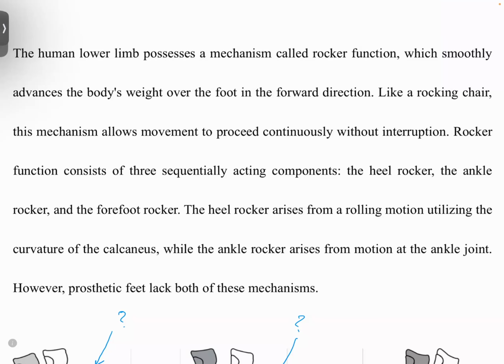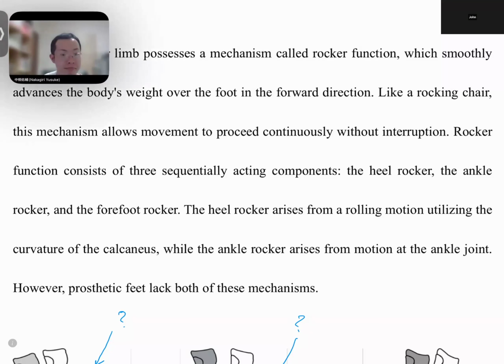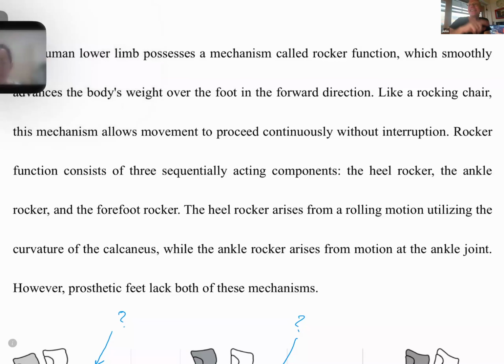Can you see me while I'm sharing my screen? Can you see my face? Yes, I can. Foot, forward. I'm exaggerating, but foot. Better. Keep practicing.